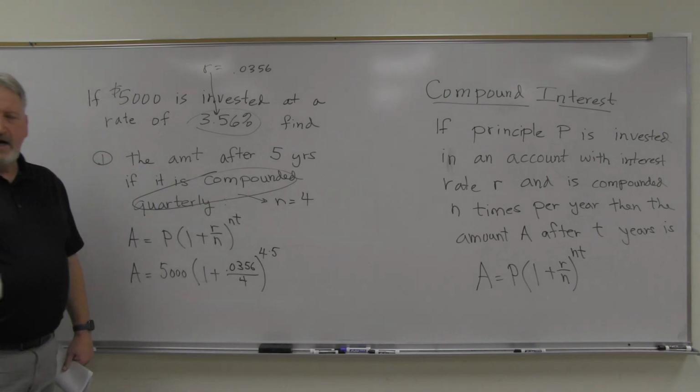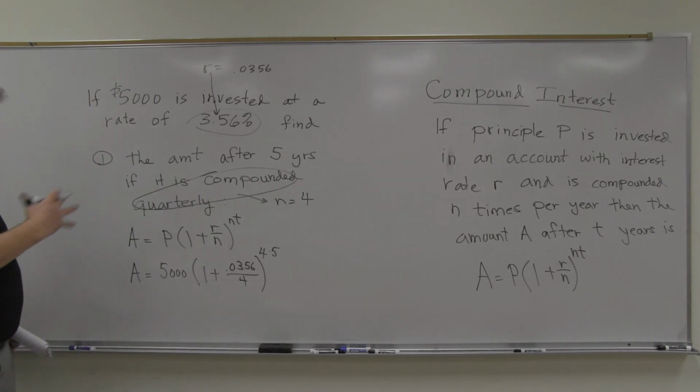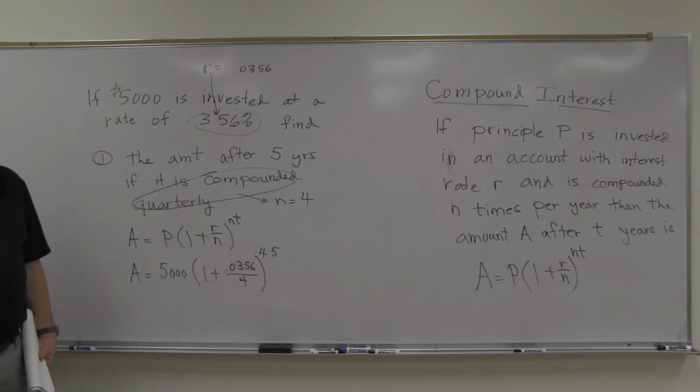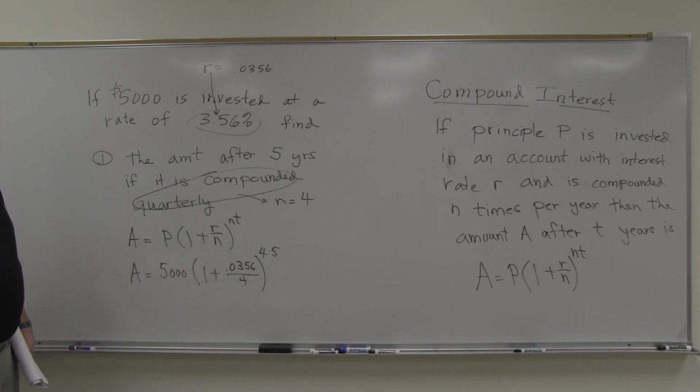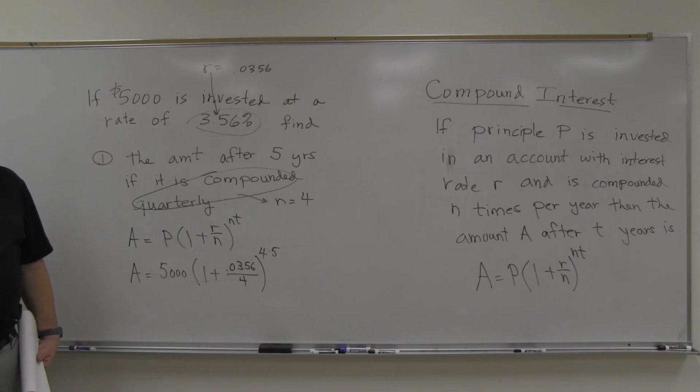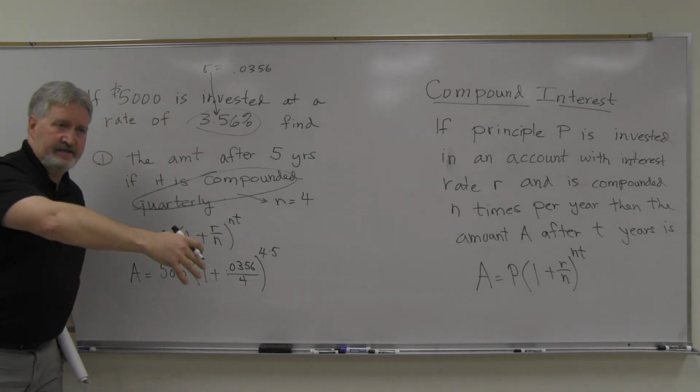Okay. All right, so that's what we need to evaluate. Now, let me show you how to enter this in, because the problem you run into, especially when it has to be pretty accurate, is the rounding. You really don't want to round until you get to the end.